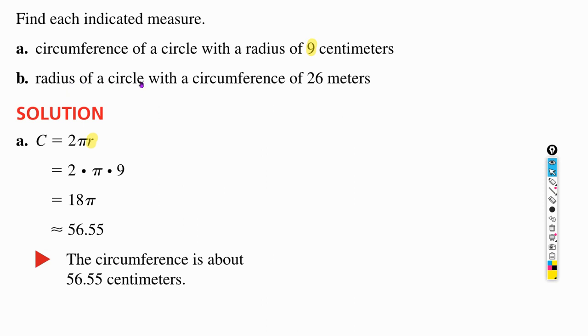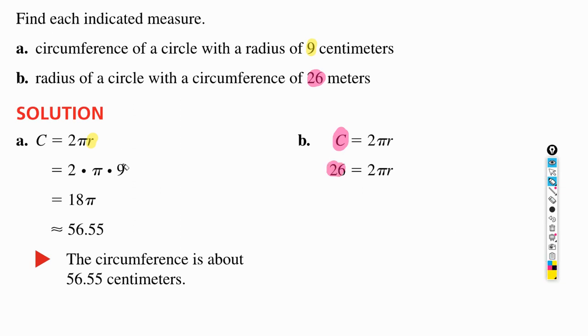Okay, over here we have the radius of a circle with a circumference of 26. So I know what the circumference is, so I'm going to be putting that in as my C right here and solving for R. Okay, so there it is, 26.